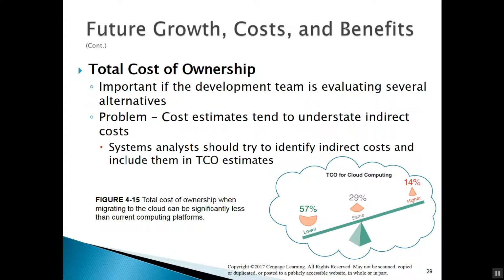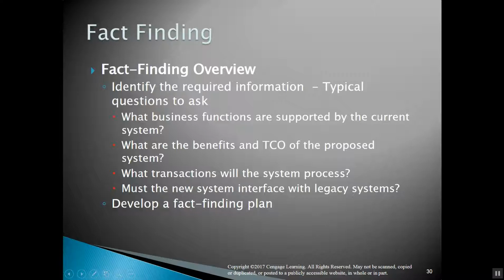Now, cost estimates tend to underestimate indirect costs, and systems analysts should try to identify those indirect costs and include them into the TCO estimates so that we know if we have to choose between three projects, which one's the correct one cost-wise. Right, we've talked about fact-finding.